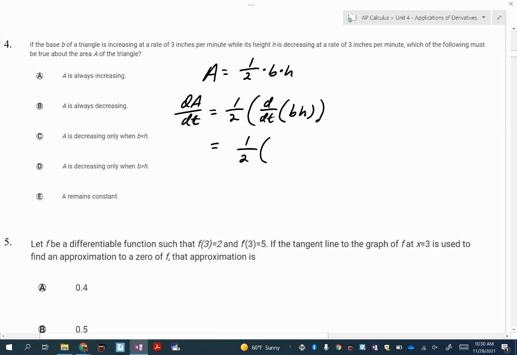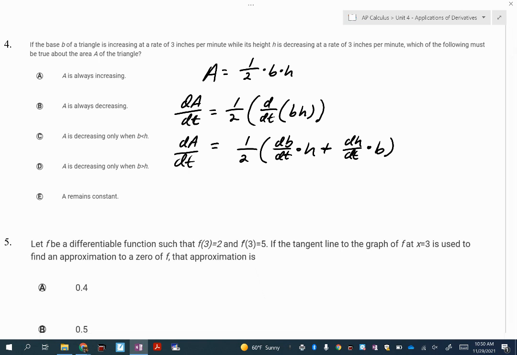So this is going to be the product rule. The derivative of b is 1 db over dt, times the original height, plus the derivative of h, which is 1 dh over dt, times the original base, and that's equal to the change in the area of the triangle with respect to time.